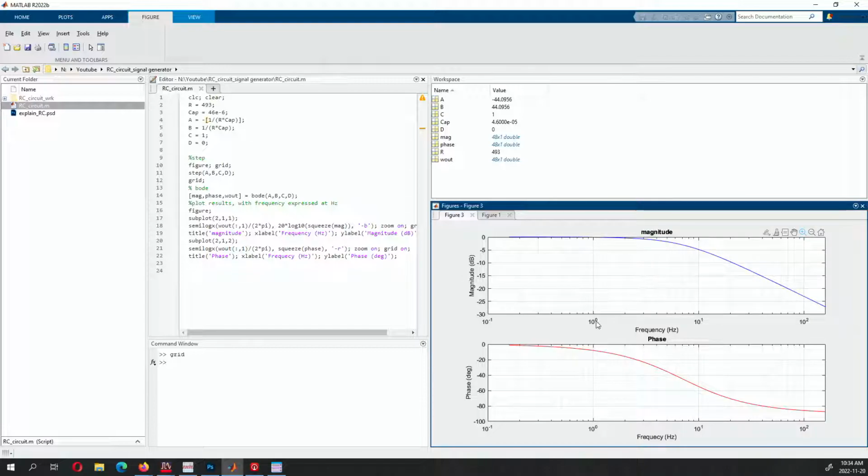If I give it 1 hertz, 10 raised to 0 is 1 hertz, the input and the output should have the same voltage, like 5 volts, and there'll be some phase lag in the circuit. As you keep increasing the frequency, the amplitude keeps decreasing, and this is what I want to show you over here.